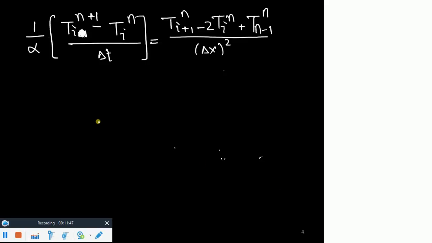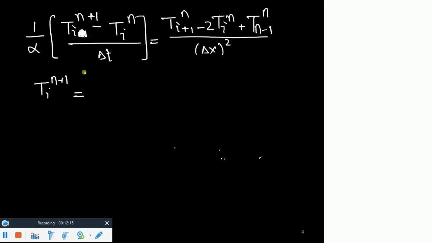Let's say I would just find out ti at n plus 1, because that's something which I want to know. And you know that if you know the initial condition, it means you know the information at t equals 0. So you can talk about the next time level. Let me write it down in the simplified form.